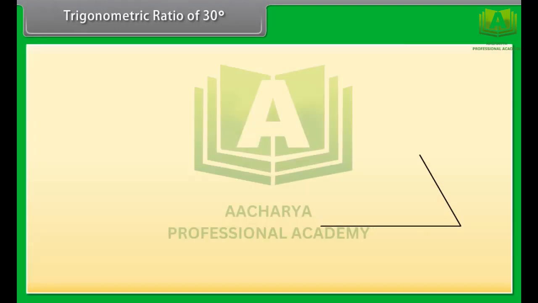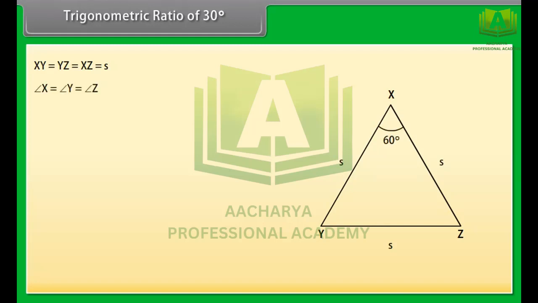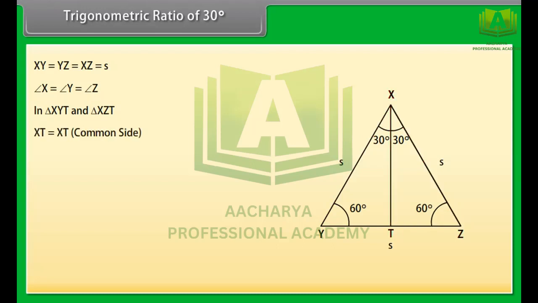Trigonometric ratio of 30 degrees. Consider the equilateral triangle XYZ. XY is equal to YZ, which is equal to XZ, which equals S. Angle X is equal to angle Y, which equals angle Z. Let us now draw a perpendicular from vertex X to intersect side YZ at T. In triangles XYT and XZT, XT is equal to XT, common side.